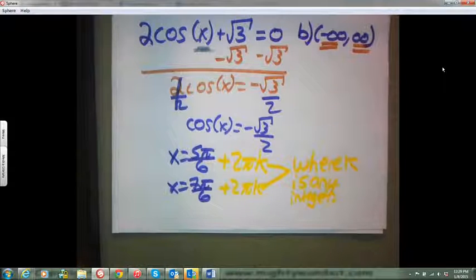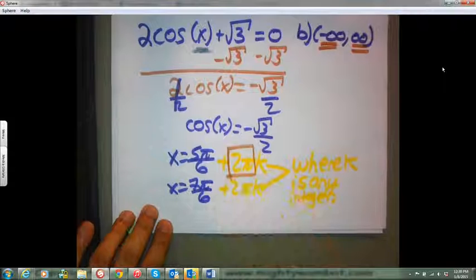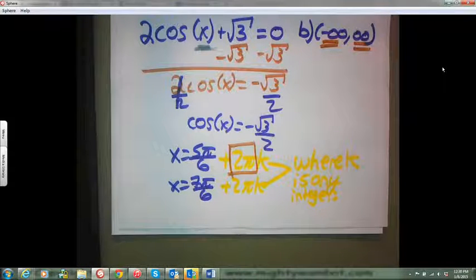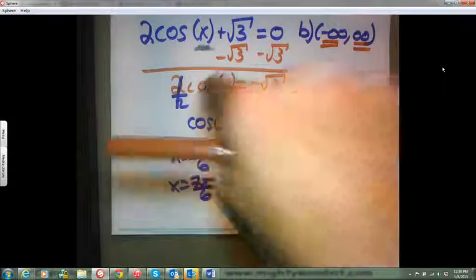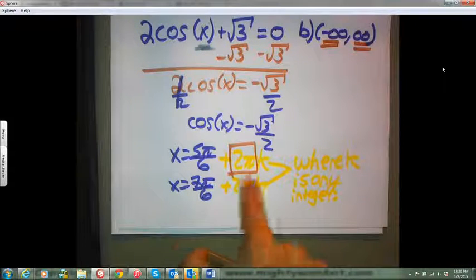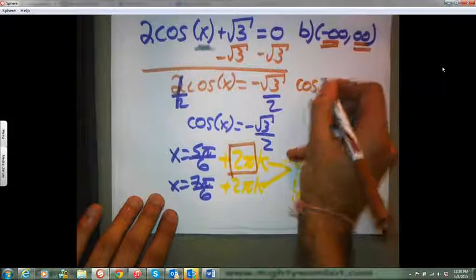And where did the 2 pi come from? The 2 pi came from because 2 pi is the period of the cosine function. If this was asking about tangent, we would have written pi here, because the period for tangent is pi. If this was asking about cosine of 2x, what is the period of this?